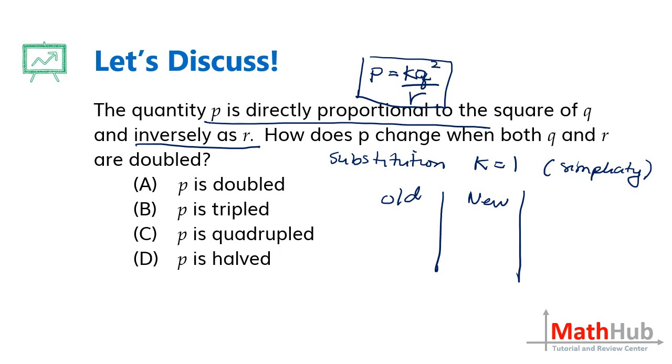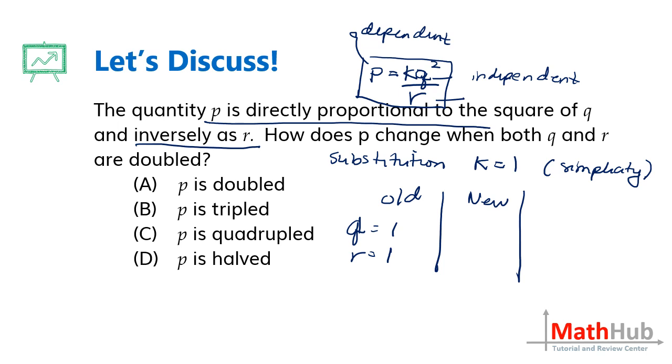Take note here that Q and R are my independent variables, meaning P is my dependent variable because it depends on the values of Q and R. So for simplicity, I just always make them 1.